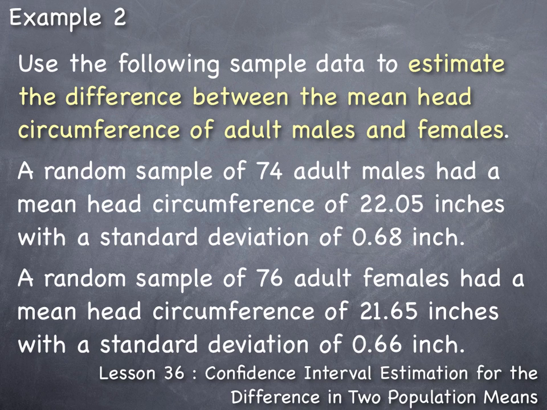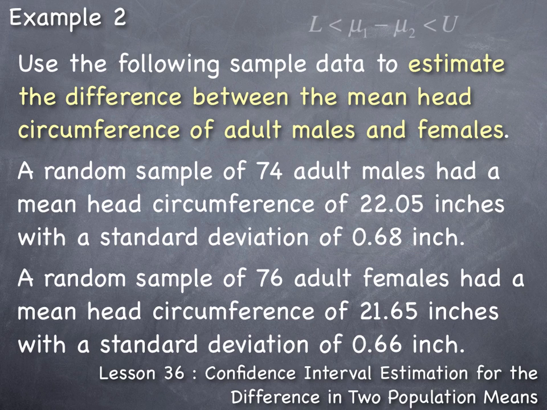To answer this statistically, we need to construct a confidence interval estimate. Since no confidence level was given, we'll use the customary 95% confidence. Now here we're going to estimate the difference between, and this is represented by subtracting, the mean head circumference, this is represented with mu, of adult males, which is one population, and adult females, which is a second population.